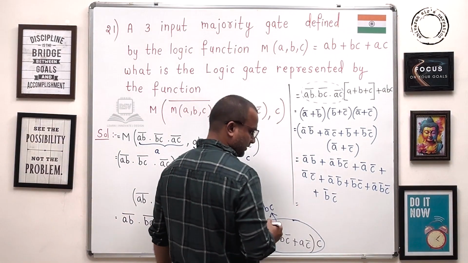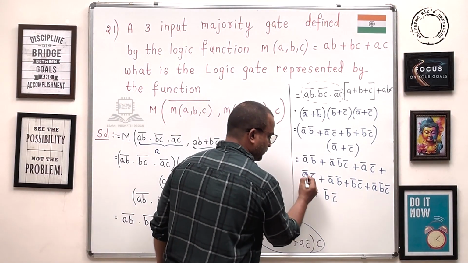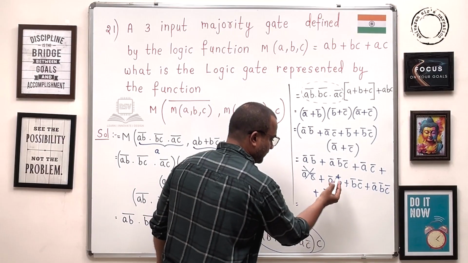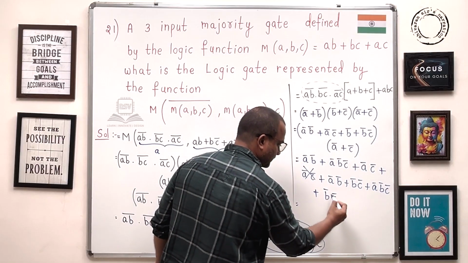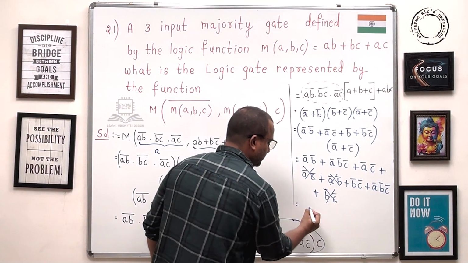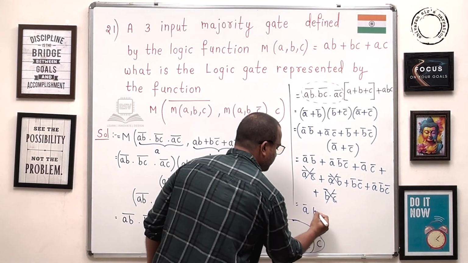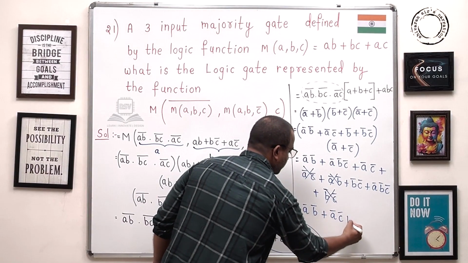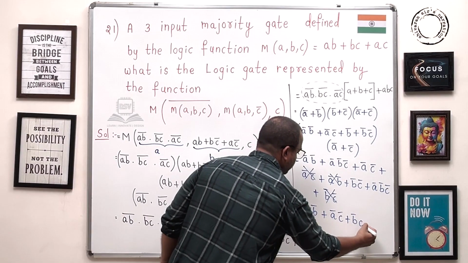This one guys. So this one appeared 2 times, leave it. And this appeared 2 times, you can remove this. And even this A bar B bar also appeared. Then you can say A bar B bar plus A bar C bar plus B bar C bar.